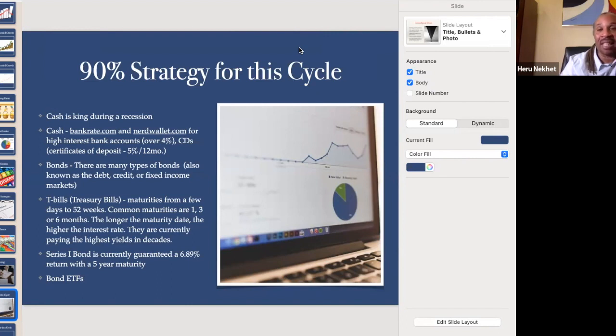So whatever your banking needs are, you're going to have to compare the level of the interest rate plus all the other banking needs that you have. So go on bankrate.com and NerdWallet and look at their top rated accounts, and you will definitely find things over 4%, right? So that's the safest place because it's FDIC insured. The only way for you to lose that money is if the entire US economy totally collapses.